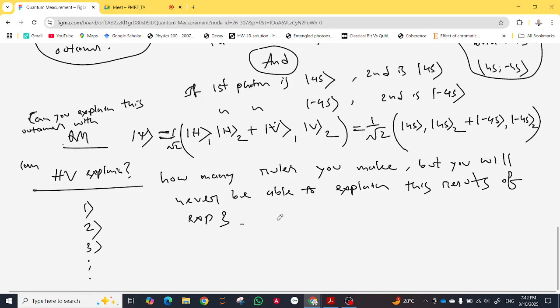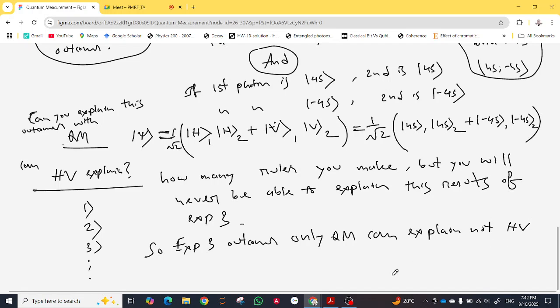Okay. So experiment 3 outcomes, only quantum mechanics can explain, not hidden variables.